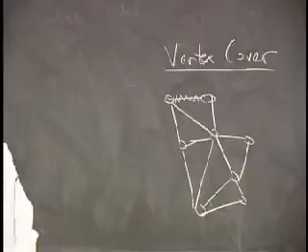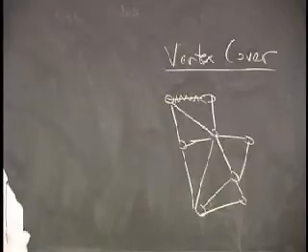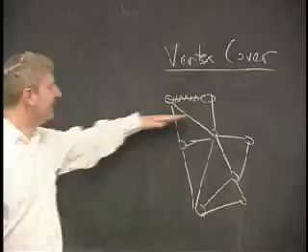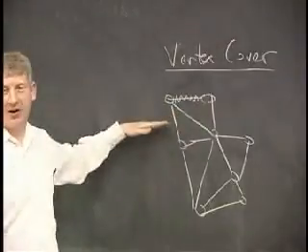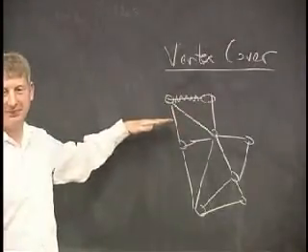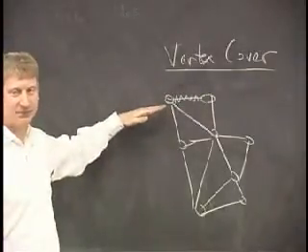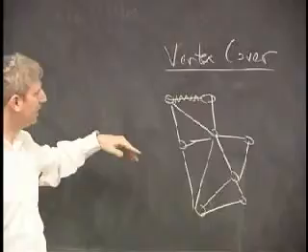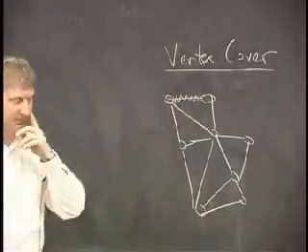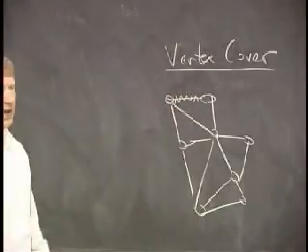Now what? See if you're done. Confirm yes. All these edges connected here are covered up, right? We don't need to cover any of those again, assuming we've picked the two vertices. Assuming we pick both of these, right? So what do we do next?